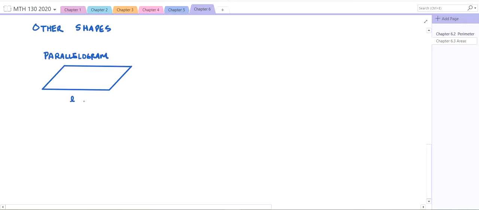Well, again, let's use the idea that we've learned already for a rectangle. If we're clever, we can see that if I do a vertical cut like I did with this yellow line here, then this angle here is 90 degrees.